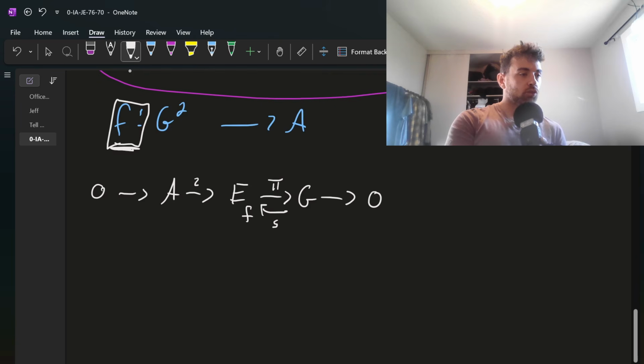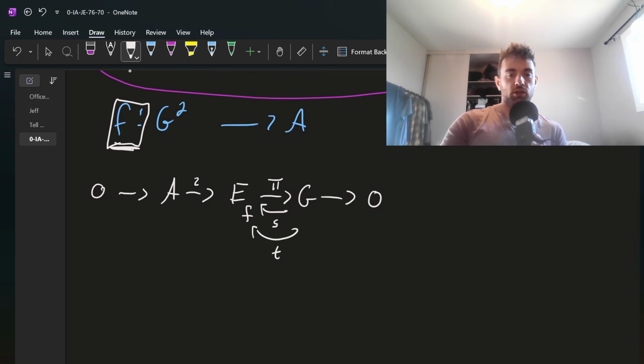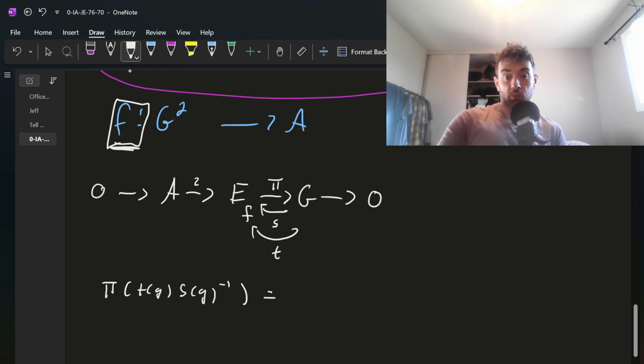So suppose T is some other normalized section. Suppose we had chosen a different normalized section. Then pi of T(g) times S(g) inverse, because pi is a homomorphism, we can split this up into pi of T(g) times pi of S(g) inverse.